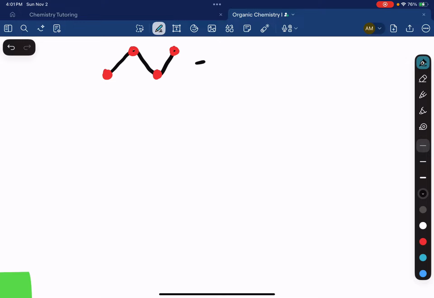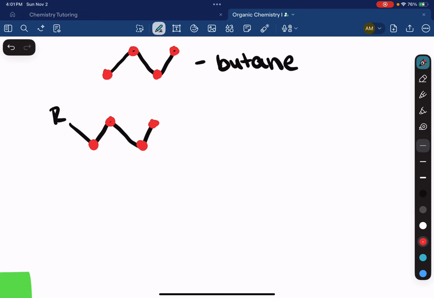Then we've got this, like I said, that could be connected to an R group. This is your n-butyl. When it becomes a substituent, it's butyl.